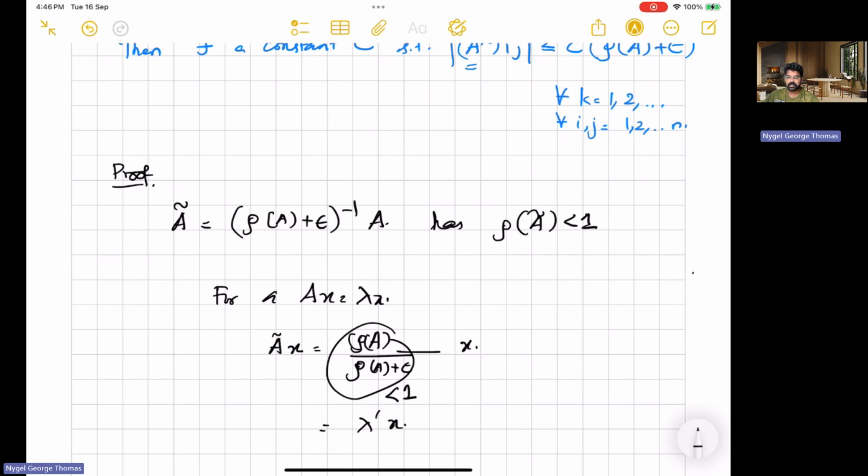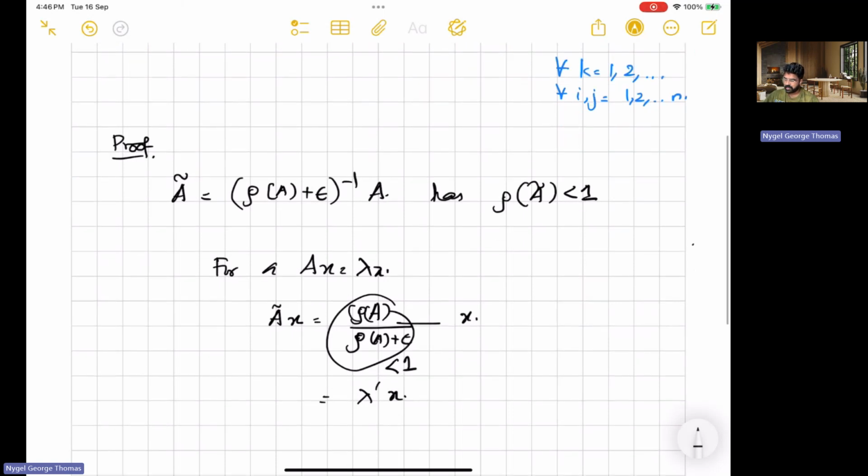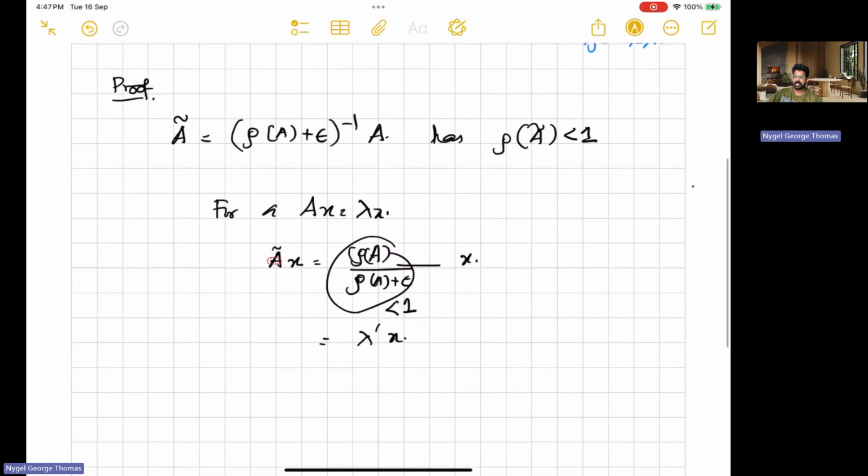This value will always be less than 1, because rho A is a positive quantity, epsilon is an arbitrary small quantity greater than 0, and rho A plus epsilon will be greater than rho A. So the fraction will be less than 1. For the matrix A tilde, which is A divided by (rho A plus epsilon), the spectral radius is less than 1.